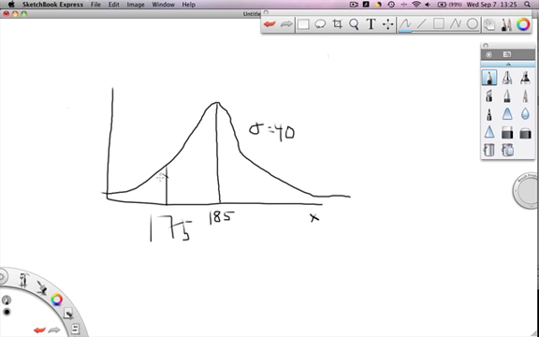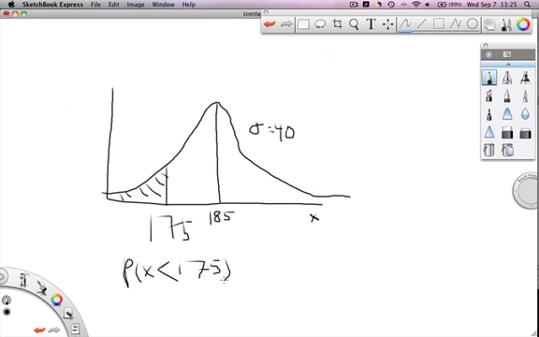What we need to do is find the area in this tail. The way that we often write this is we want to find the probability that x is less than 175. I better make that a little bit clearer. Kind of hard writing with a mouse.